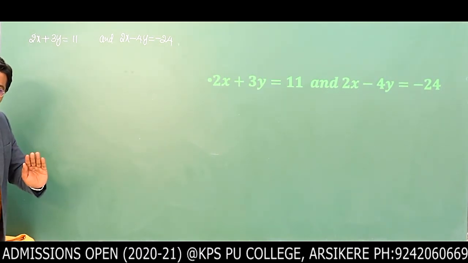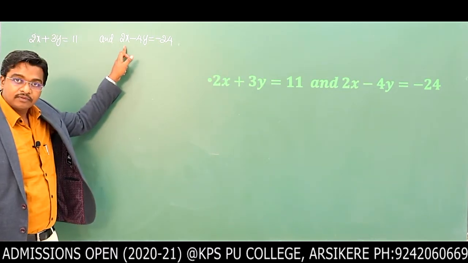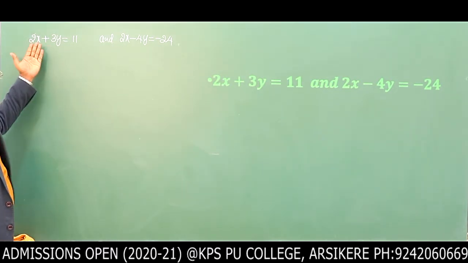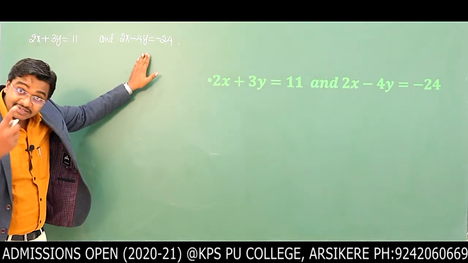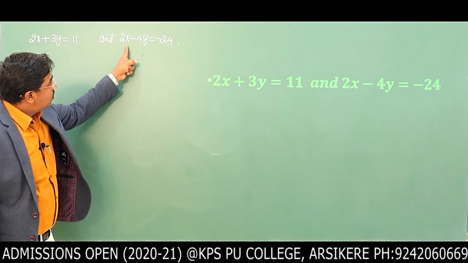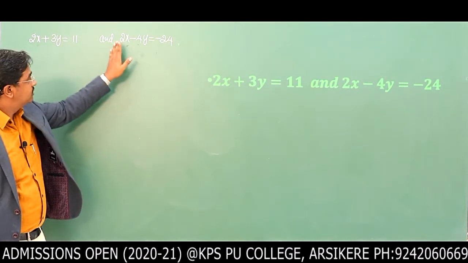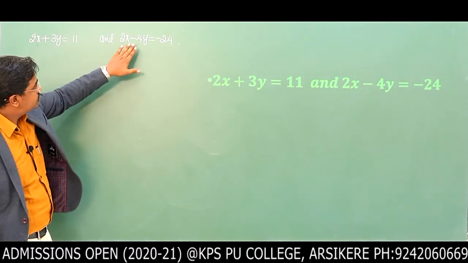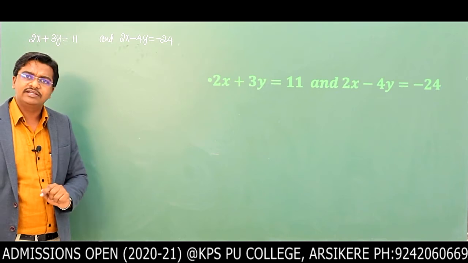Here there is 2x, and here also 2x. We can replace, right? So either write 2x is equal to 11 minus 3y, to substitute in the second equation, or else 2x is equal to minus 24 plus 4y, as the right hand side becomes plus 4y. So there 2x came. So either substitute the second in the first or the first in the second equation. You will get the values of x and y.